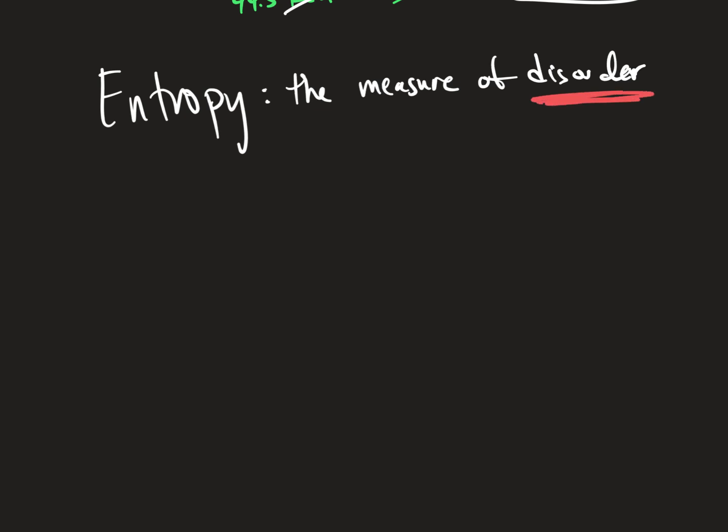Measure of disorder. Because it's a measure of disorder, not order, it kind of throws us off a little bit as far as thinking, okay? Now, the word disorder has an S in it, so we're going to call entropy delta S. Are we good?